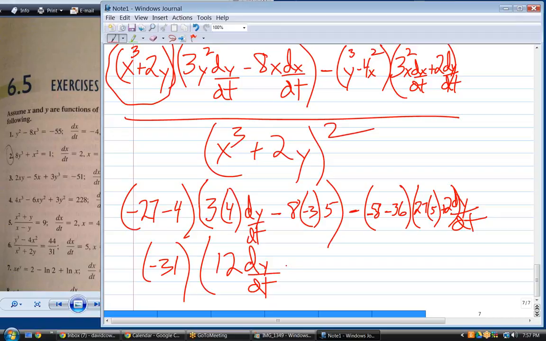Let's see. Would it be plus 120? Mm-hmm. Now, minus, goes here? Negative 44. So 135.